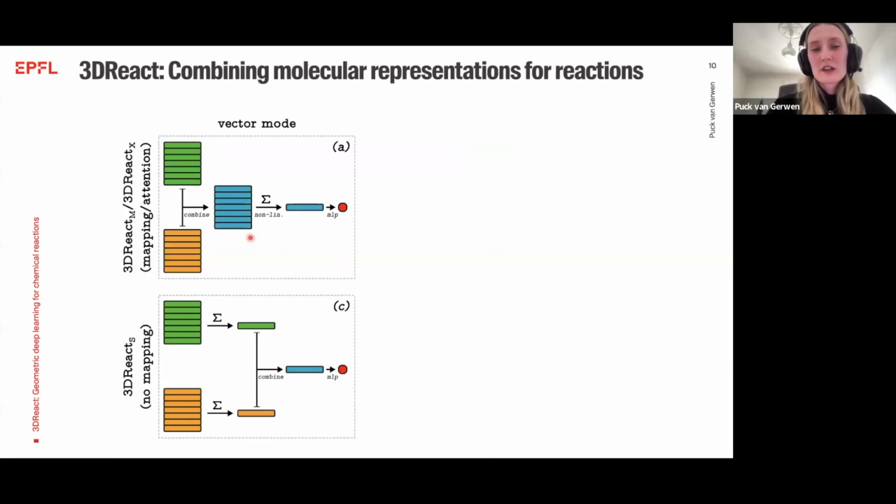It's preserved for each molecular component. So you do lose information eventually, but the actual property, like the reaction barrier, is not an equivariant quantity. So you don't need the network to be end-to-end equivariant. You just want the individual molecular components to be equivariant, to contain all of the molecular symmetries.